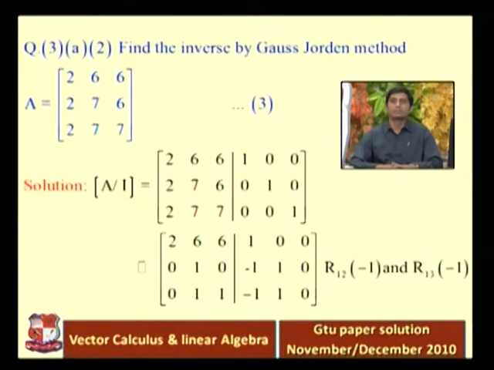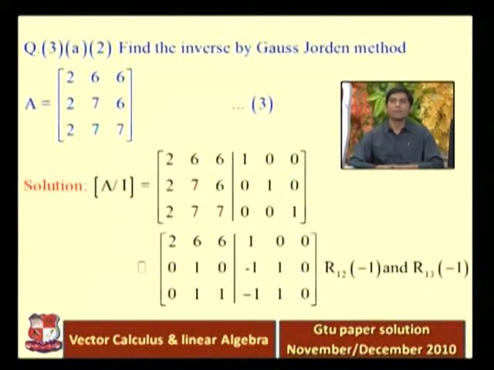So that's the first step in the solution: the augmented matrix [A | I] is the given matrix 2, 6, 6, 2, 7, 6, 2, 7, 7, and next the identity matrix of 3 cross 3: 1, 0, 0, 0, 1, 0, 0, 0, 1.